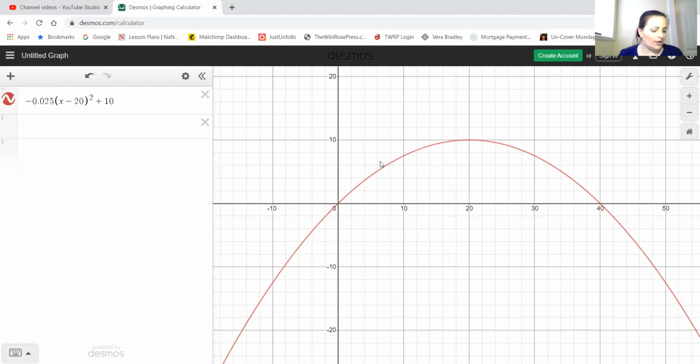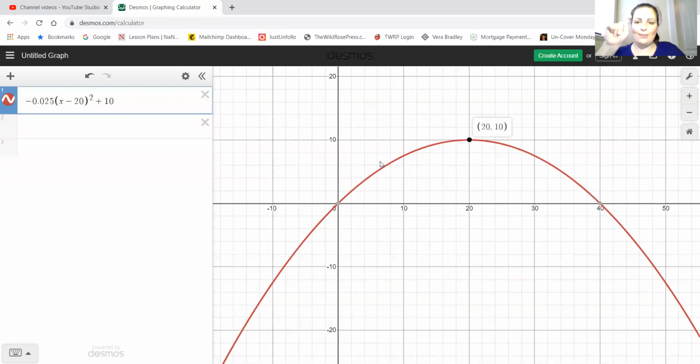So it says, what is the maximum height of the ball? Just to review the question, the height of the soccer ball, h in meters, as a function of the horizontal distance, d in meters, the ball travels until it first hits the ground, is described by the function h of d equals negative 0.025 times d minus 20 squared plus 10. What's nice is the maximum height of the ball is right here.